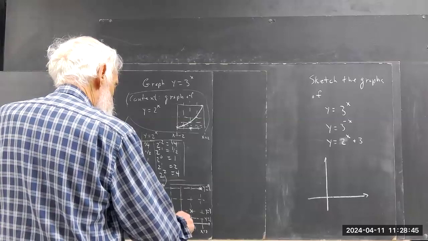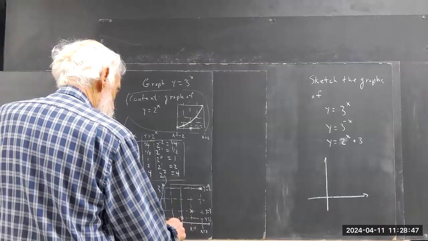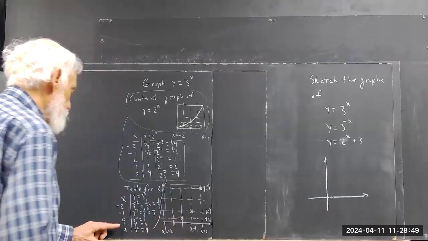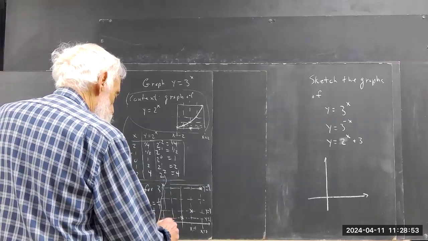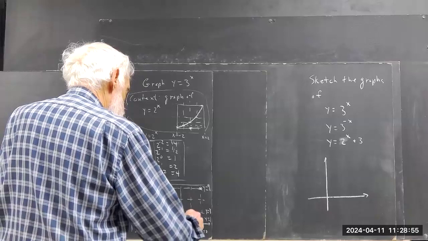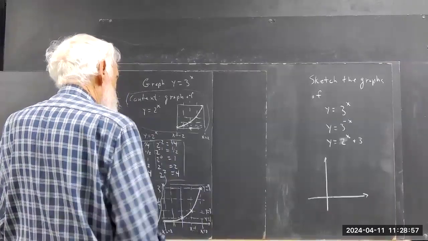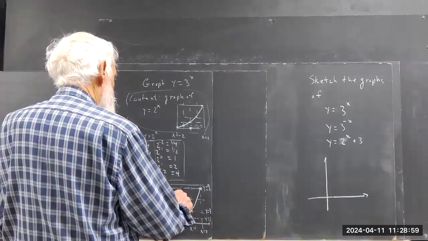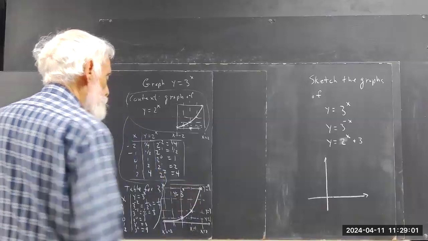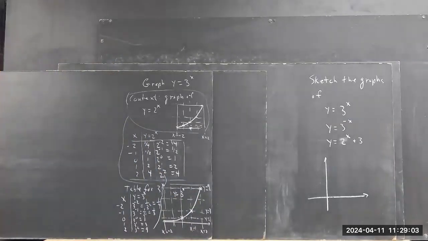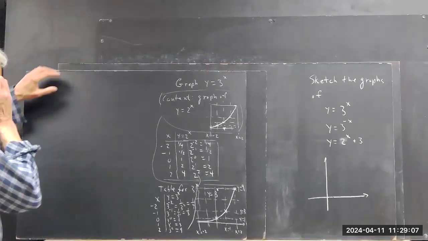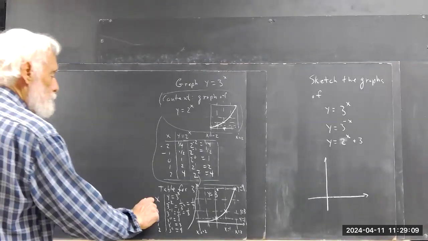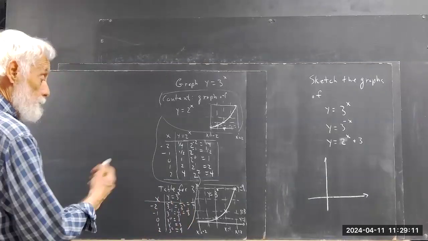Well, this is 1, 1/3 is pretty close to the x-axis. When x is -2, y is 1/9. That's real close to the x-axis. Now we have a graph of y equals 3 to the x. So we could do this using a table. That's legitimate.